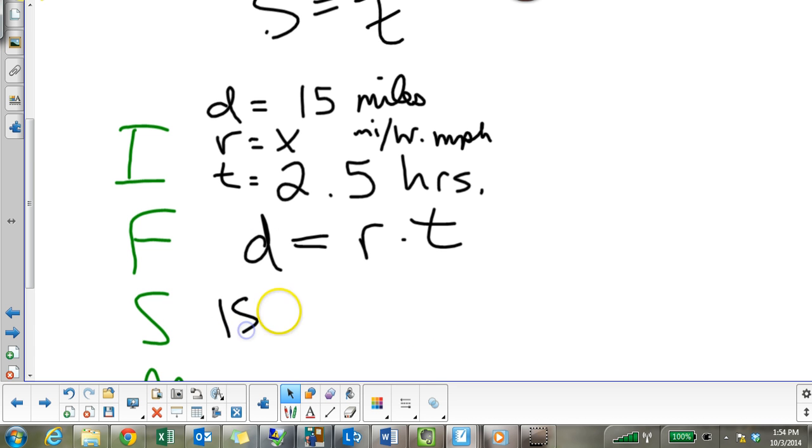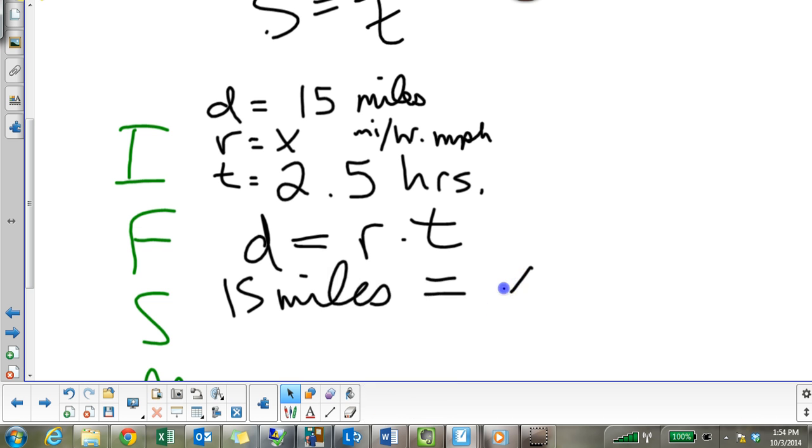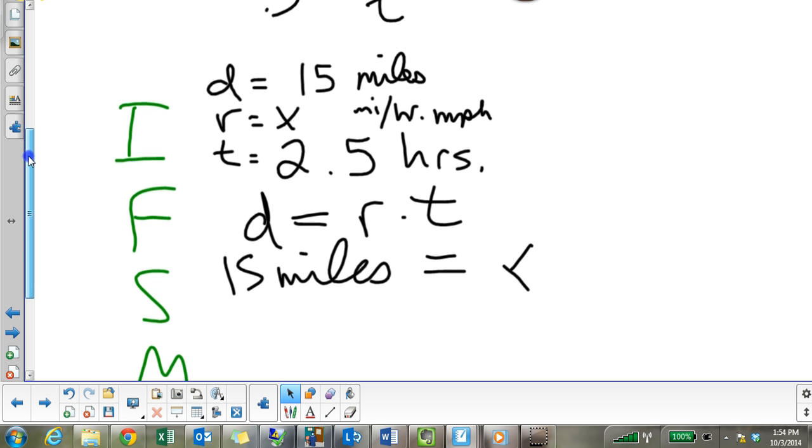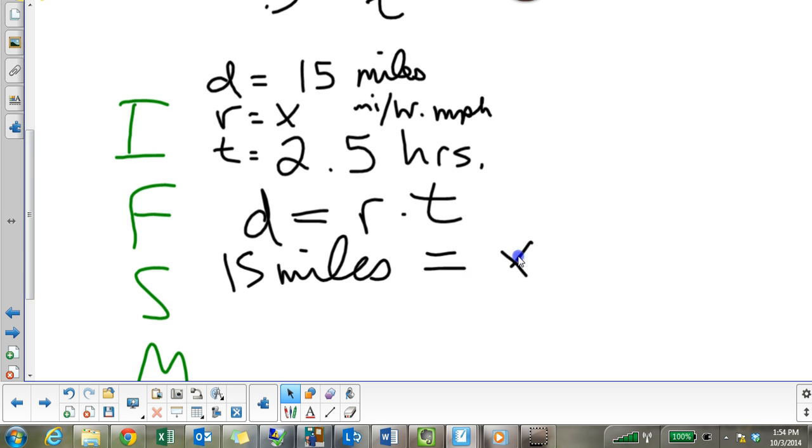I've got 15 miles equals r is x miles per hour times the time is 2.5 hours.